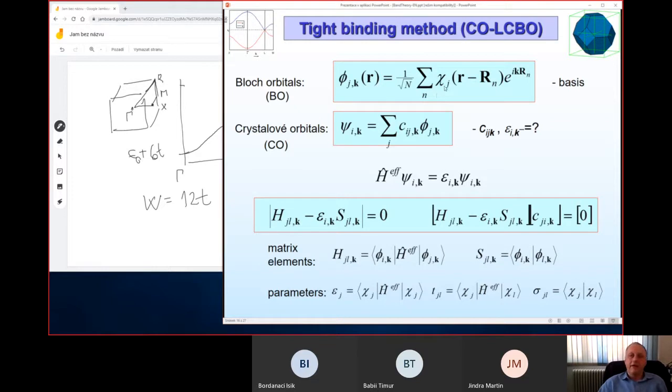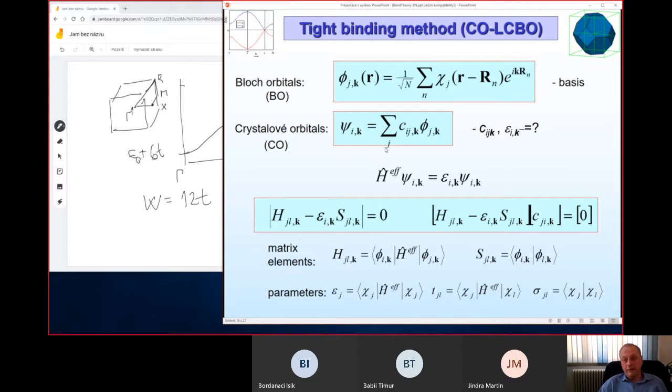But now, if we have more types of orbitals within the unit cell, we have to combine the Bloch orbitals like the atomic orbitals in molecules are combined to obtain molecular orbitals. This is a complete analogy. So we make a linear combination of Bloch orbitals and obtain the crystal orbitals.